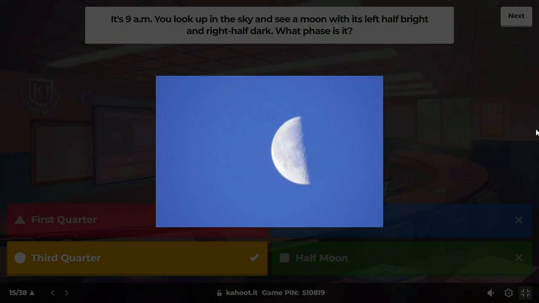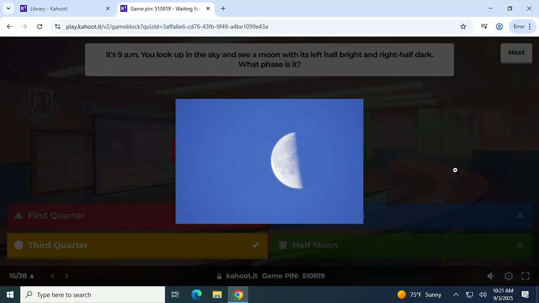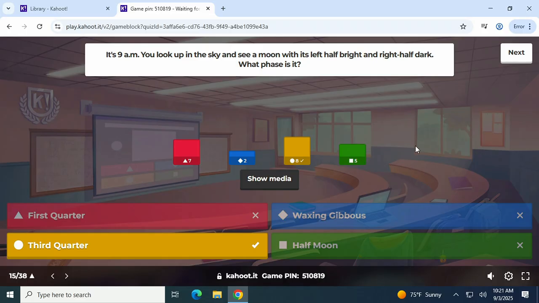If it had been the right side that was illuminated, then it would have been first quarter. And then there's no such thing as half moon in the lunar cycle. So just by looking at the moon, you should be able to tell which part of the lunar cycle you're in.